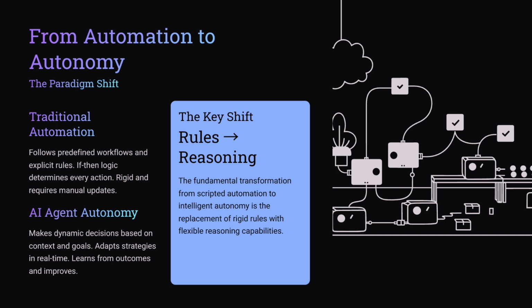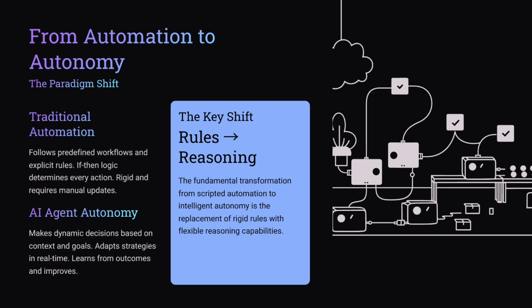Let's simplify this for you. Automation asks, what rule applies here? Autonomy asks, what outcome am I trying to achieve? That is a fundamental difference. Imagine a customer support bot. Traditional automation: if keyword equals refund, send refund template.